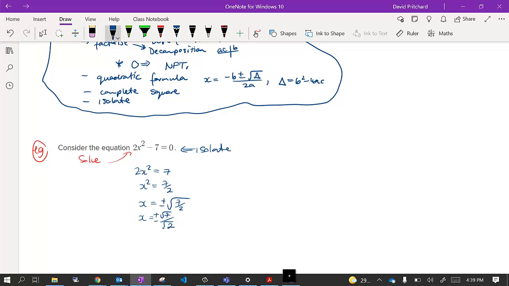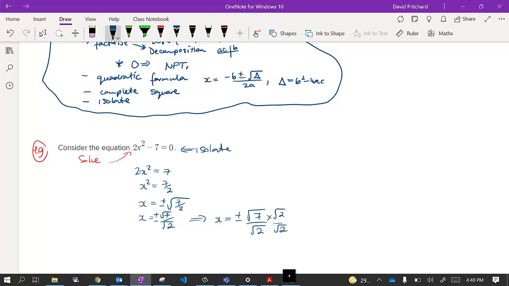Now, as we move on later, a better answer would be to rationalize the denominator, and that is we don't want a square root value on the bottom. So a nice way to finish this one off is to look at plus or minus square root of 7 over square root of 2. If we multiply by square root of 2 on top and bottom, then it does something nice there.